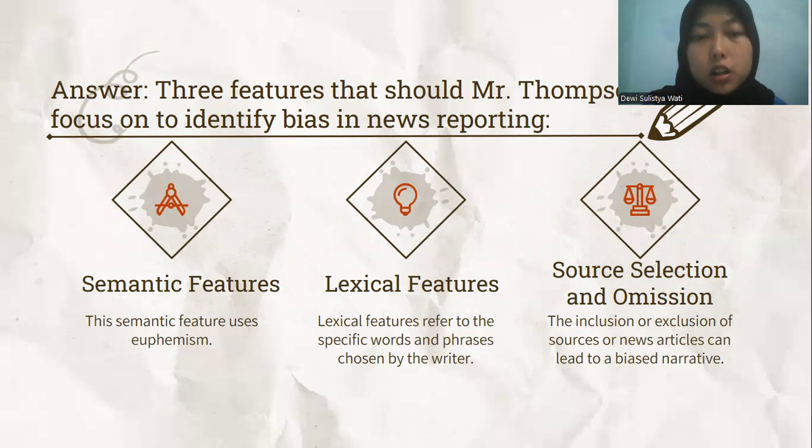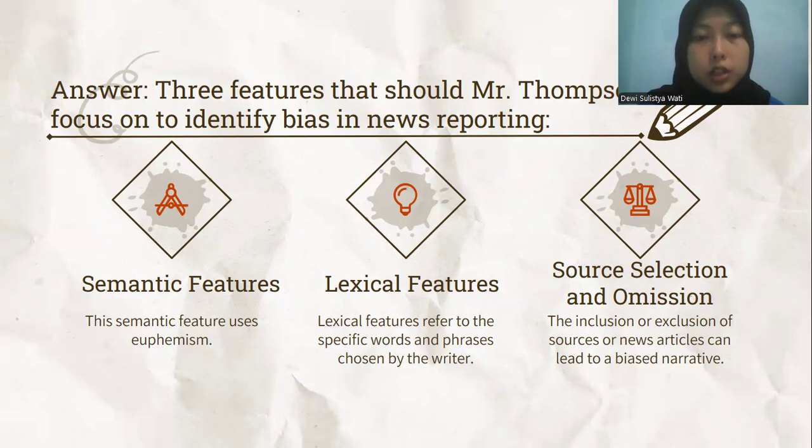If we look closely, the sentence seems positive. This can simply influence opinions. By focusing on this feature, Mr. Thompson can identify how news outlets use language to create new views and impressions.